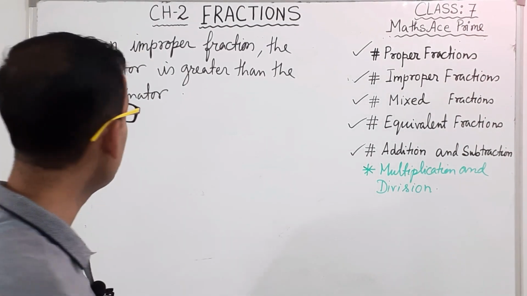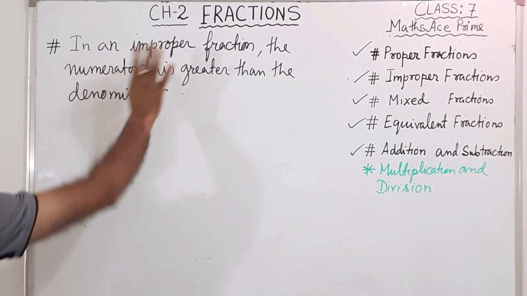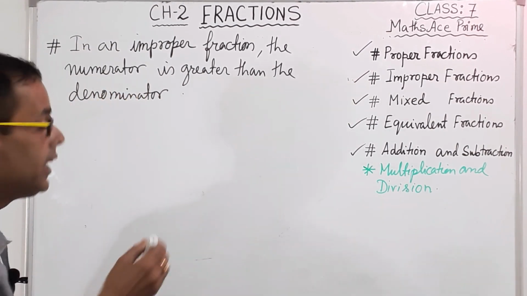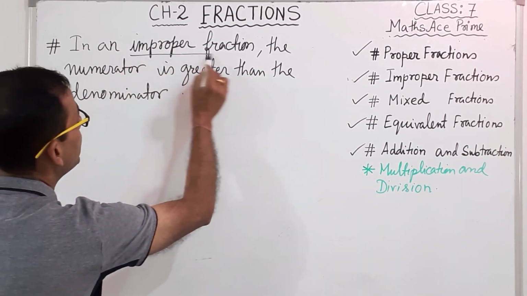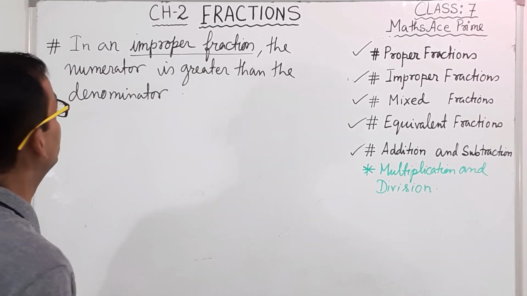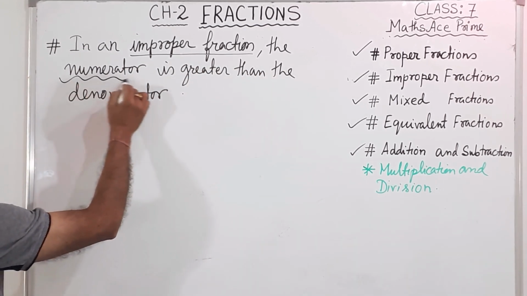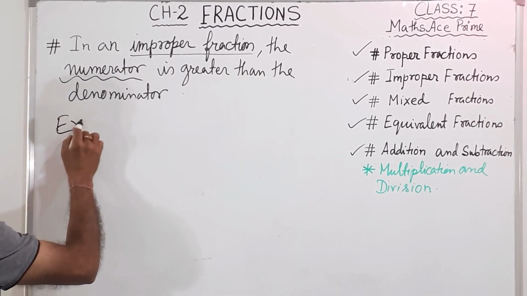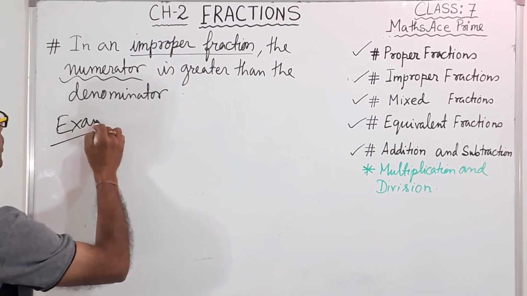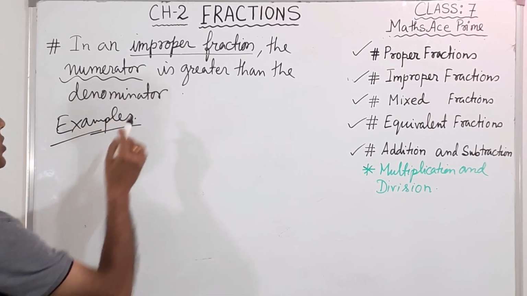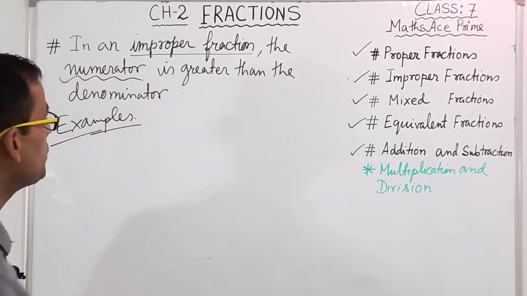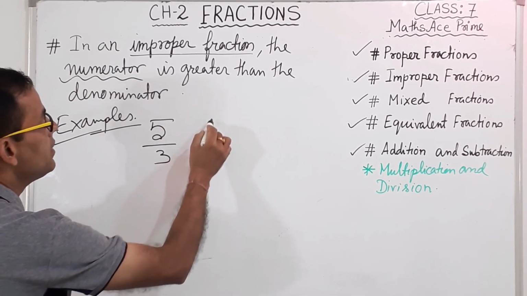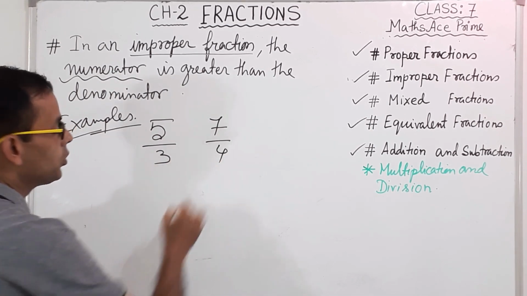Now, the next one is the improper fraction. In an improper fraction, the numerator is greater than the denominator. If I write some examples, the numerator has to be big and the denominator has to be small. So if I write here suppose 5 by 3, 7 by 4, clear?